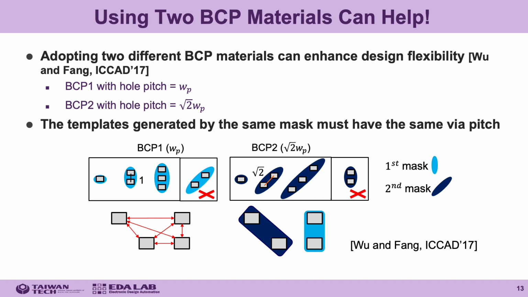This ASCII work proposed an LP formulation and a heuristic to solve the template design and mask assignment problem by considering the flexibility and the constraint induced by using two BCP materials.